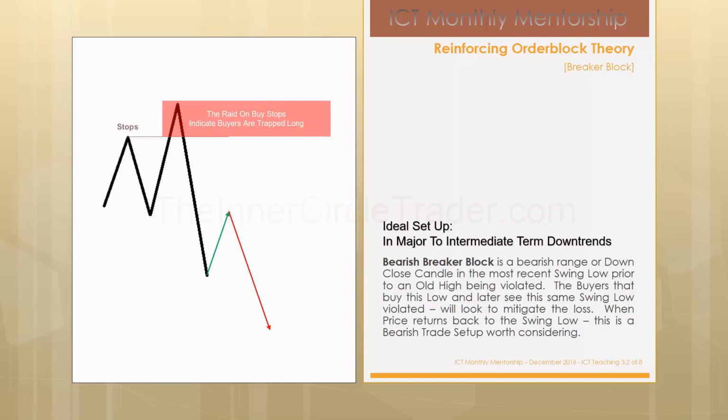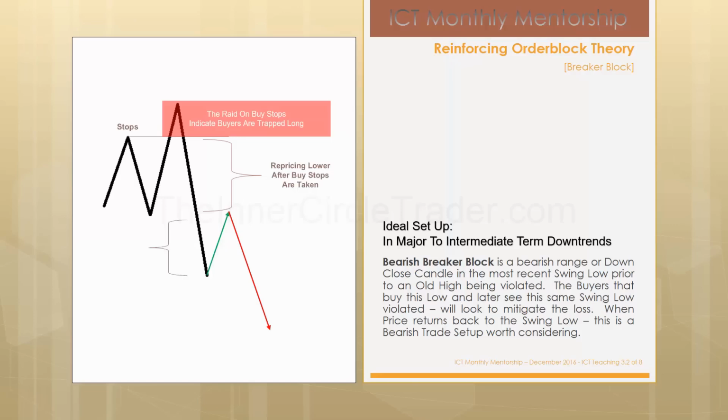The salient points: what we're looking for is an old high to be run out, or a false break above an old high. This raid on buy stops indicates buyers are trapped long. We know this is true when the market quickly does a repricing, that's seen here. Repricing lower after buy stops are taken is a confirmation that we are potentially seeing a new breaker forming.